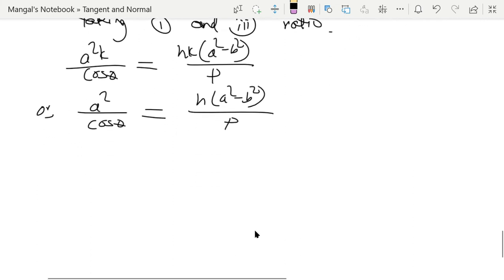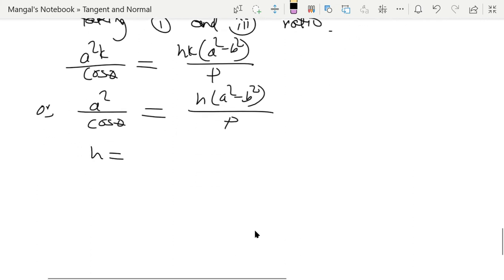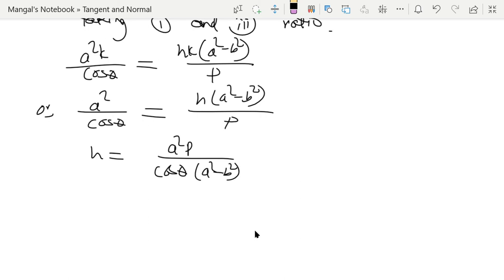Through this, we get h equal to a square p divided by cos theta into a square minus b square. If we bring cos theta up, 1 by cos equals sec.